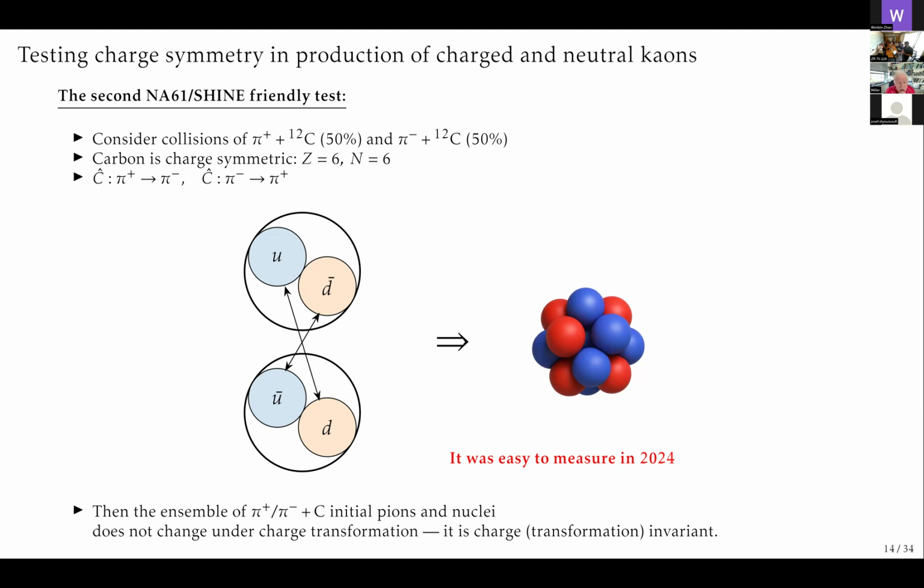What is the energy of your pions? I don't remember the exact numbers. I have it on one of the last slides. Is it hundreds of GeV or? Yeah, this is order of GeV. Those are SPS energies. Okay. Don't you have oxygen in your ensemble of events or measurements? This is planned, but not yet done.